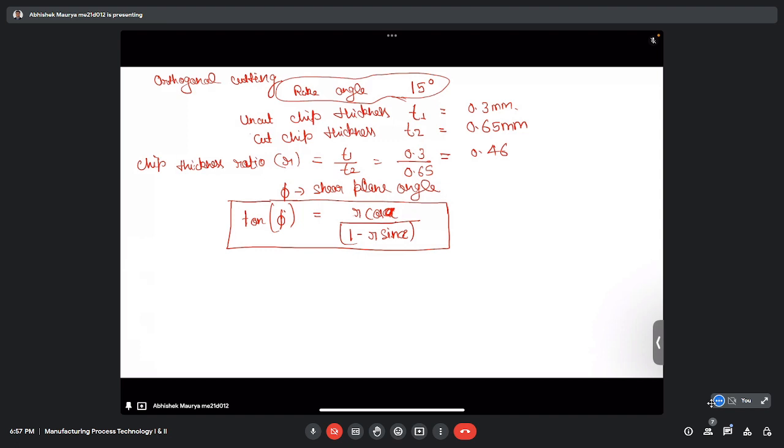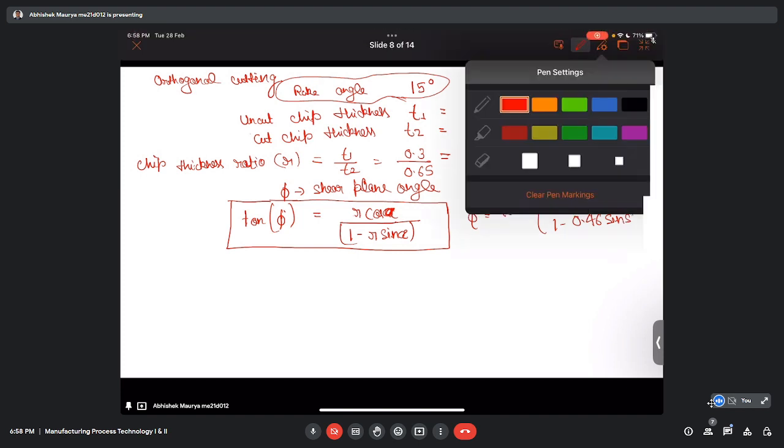Now we know all the things, and we have to calculate by substituting the values. Phi is given by tan inverse, and now I am substituting the values, sine 15 degrees.